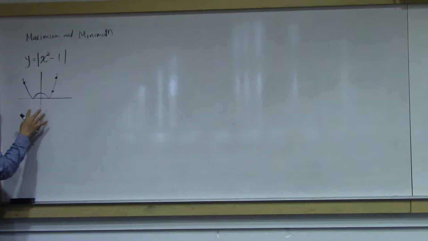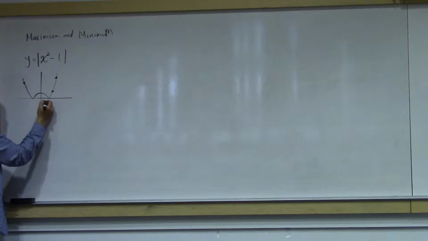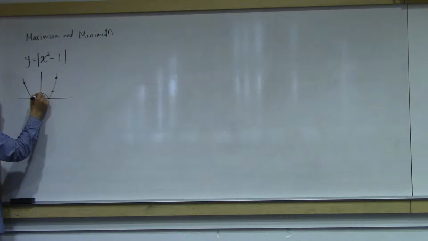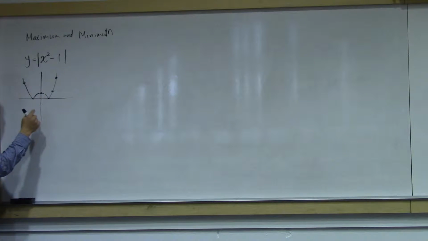Of course, this function doesn't have a maximum because it can go up forever. Right? What's the minimum of this function? The minimum value of this function occurs here and here. That's at the zeros. Okay. Now, this point here is not a maximum, but it can be considered as a maximum if you only consider this portion of the graph. So it has a name.